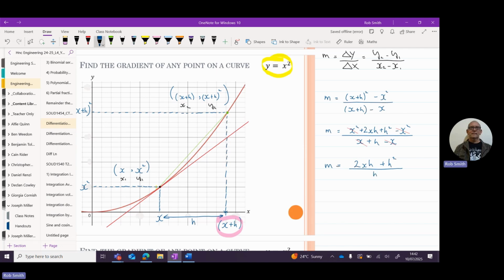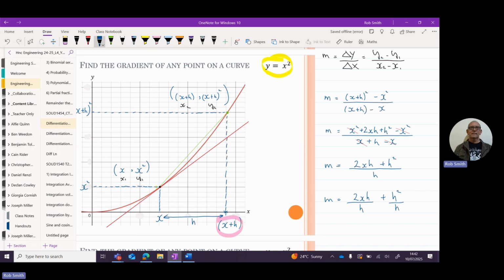So we can simplify that a little bit, make it a little bit clearer. So that is the same as, no, I'll leave that there, and I'll just simplify it below. So that's the same as 2x h over h plus h squared over h.